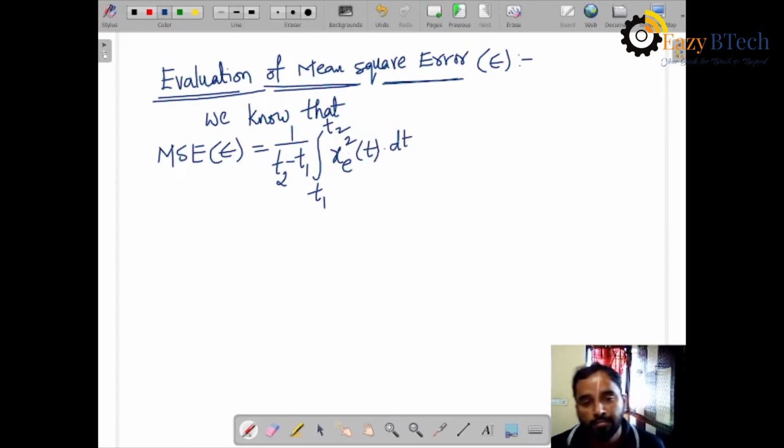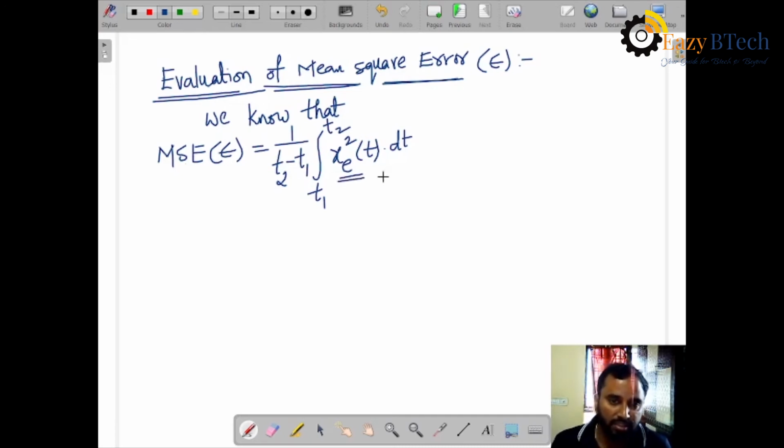This is the mean square error. As the name itself says, we have square error, mean, so integration of the square and dividing by the interval or duration T2 minus T1 will give the mean square error.